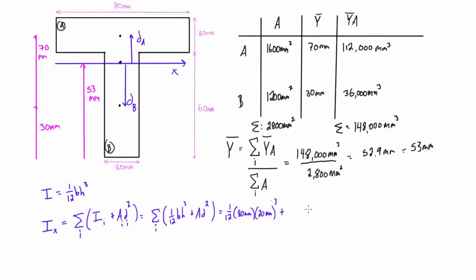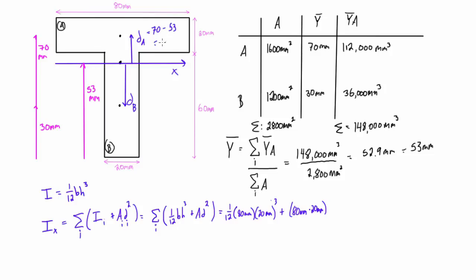And dA, well, we have the height up there, which is 70 millimeters, so this is equal to 70 minus 53. That just gives us the distance there, and that's going to be equal to 17 millimeters. So now we have 17 millimeters squared. That's the first area done, so we'll move on to the second area.